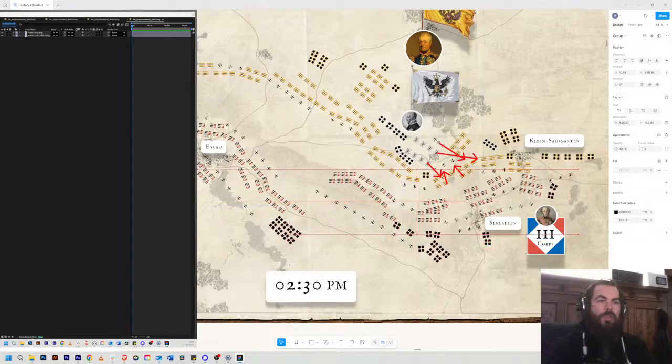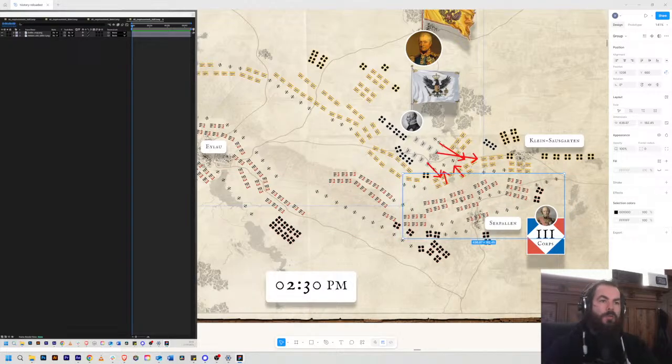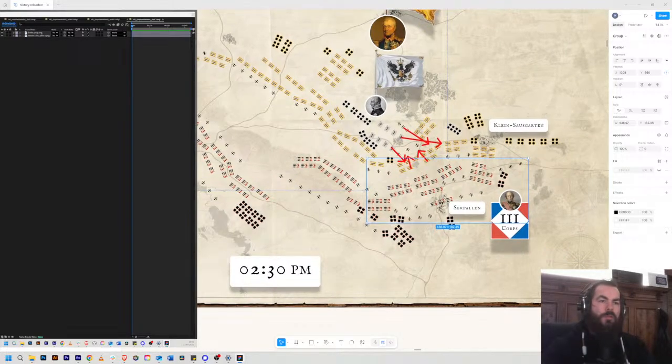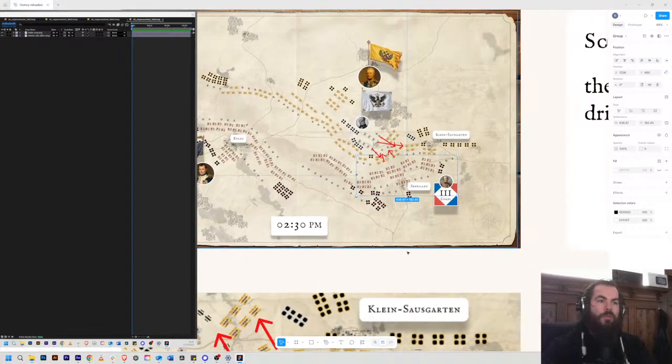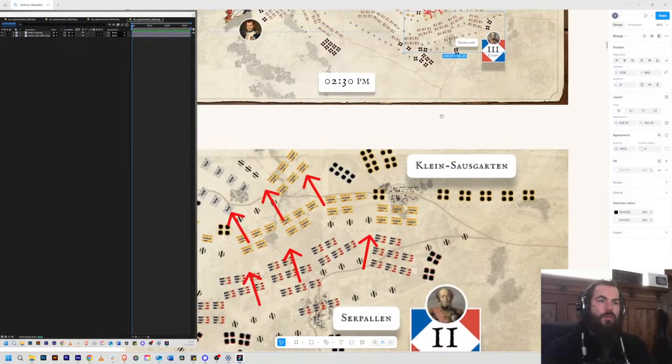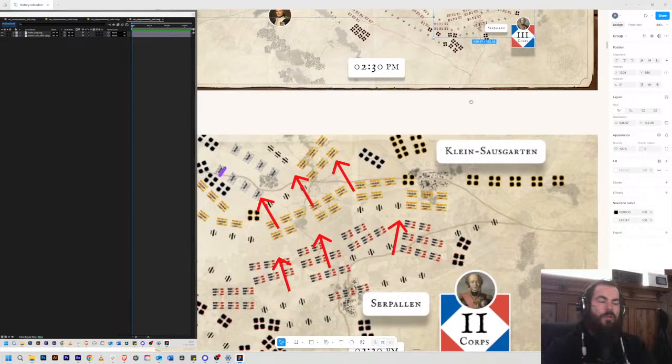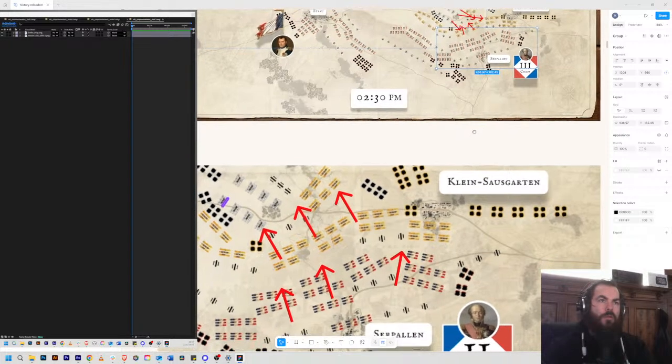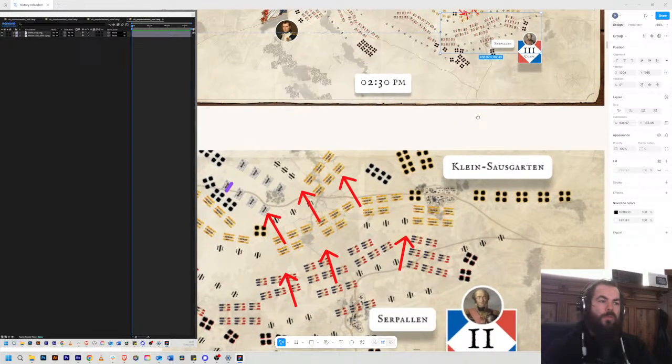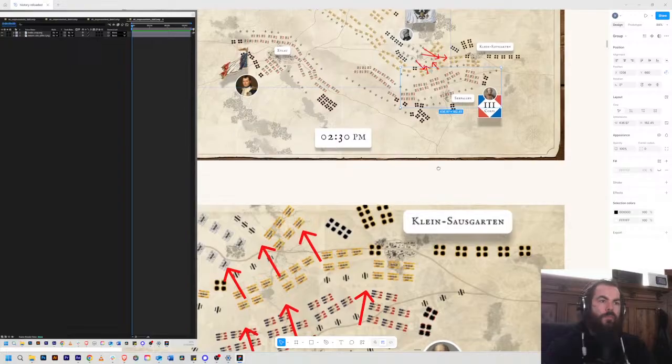And this will be the position that is moving.